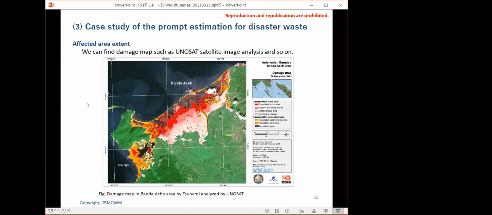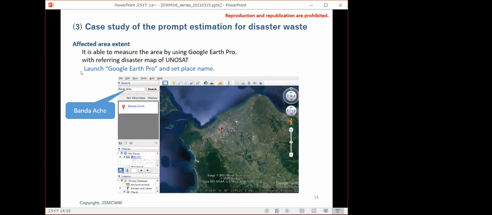So in this case study, we try to measure this red area with this reference by using the Google Earth tool. If we launch Google Earth Pro, we can find this map and put in an area name, especially Banda Aceh.